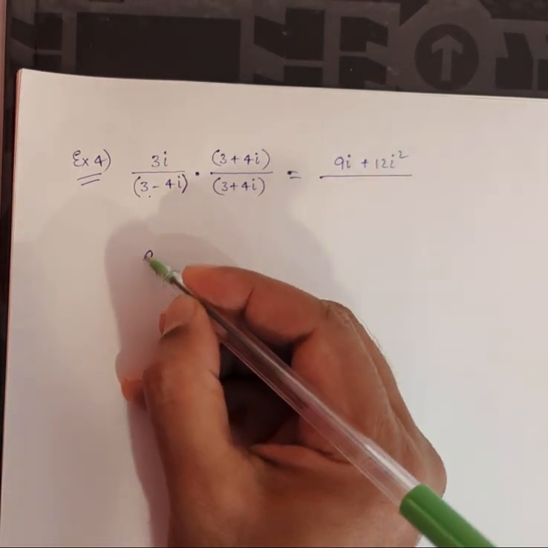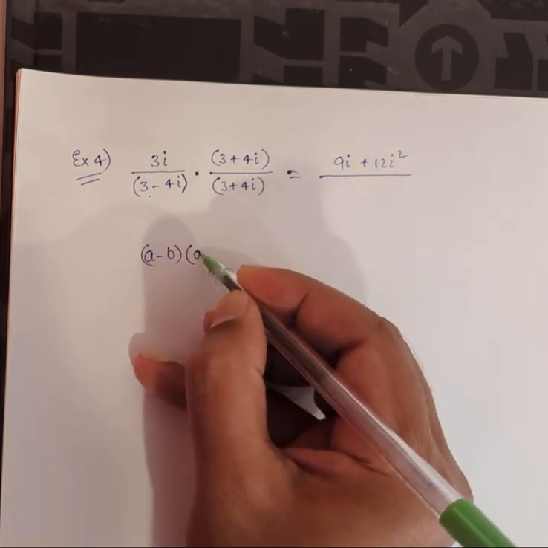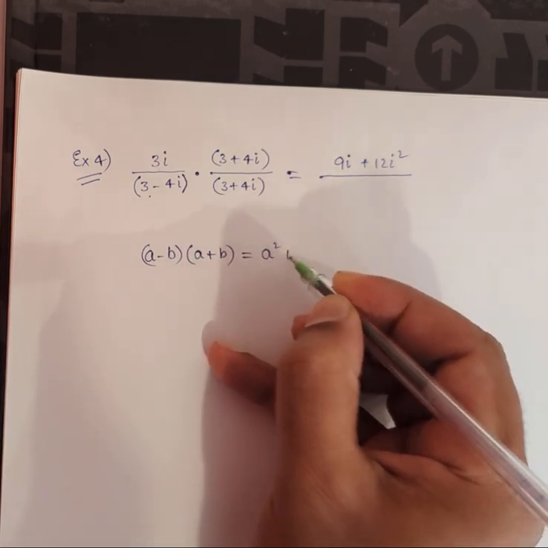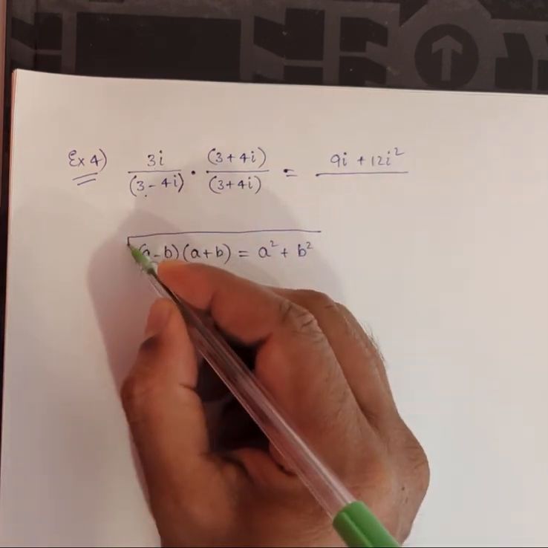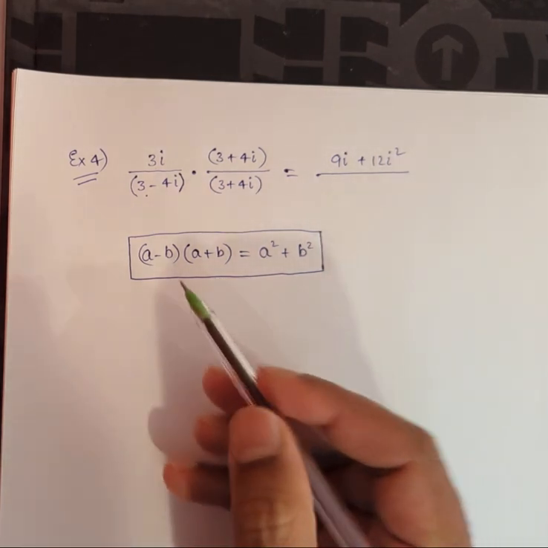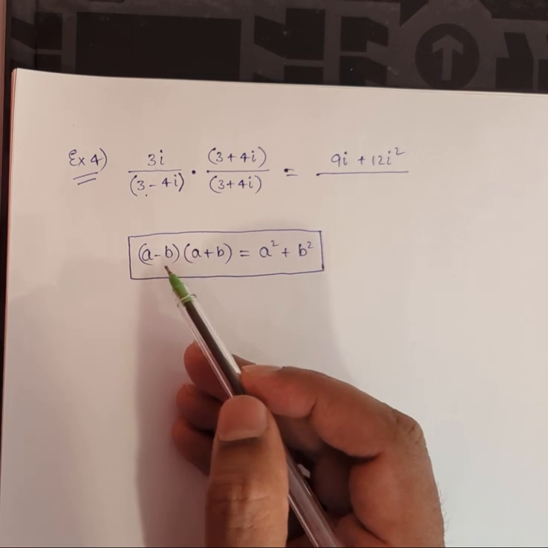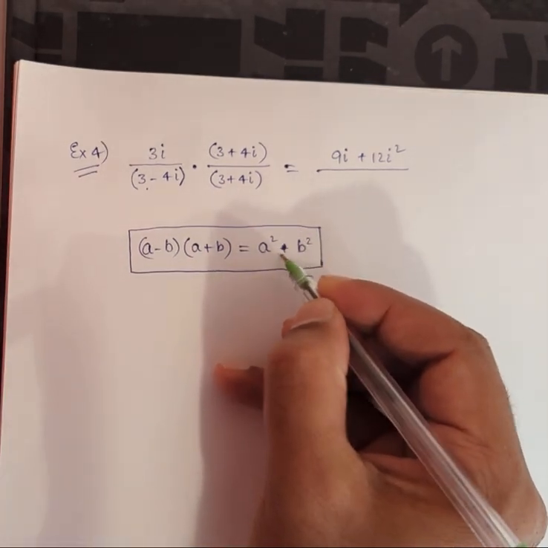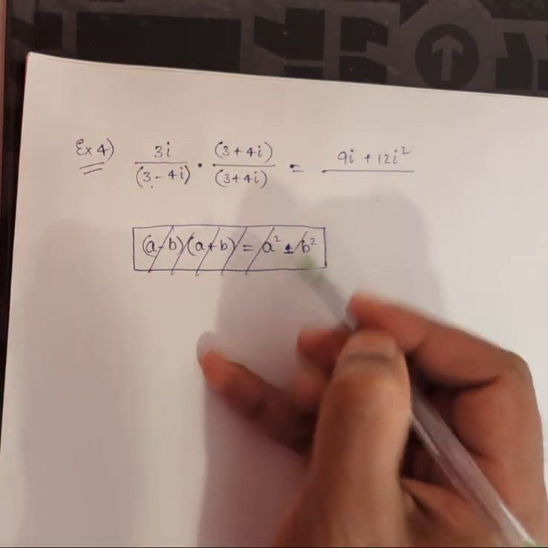So let me remind you this formula. It's called difference of squares. If you don't know this, then try to remember this. It makes things really fast for you. Now, you can always get it by foiling, but what happens is the middle terms cancel out. Hold on, let me rewrite this.